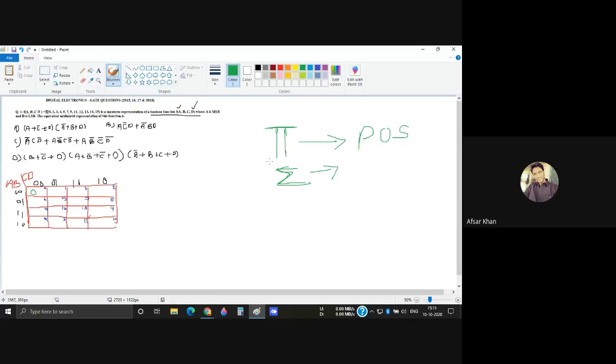If sigma is there, then it will be SOP. So our question is in POS form. Now in POS form in the K-map we have to put zeros, yes or no, students? Now see here where we have to put zeros.